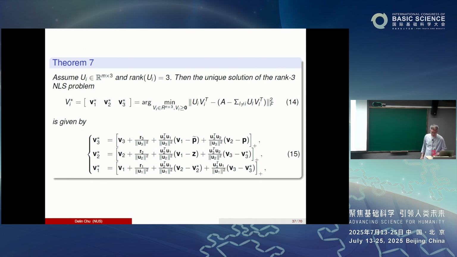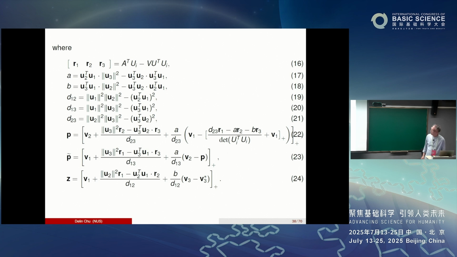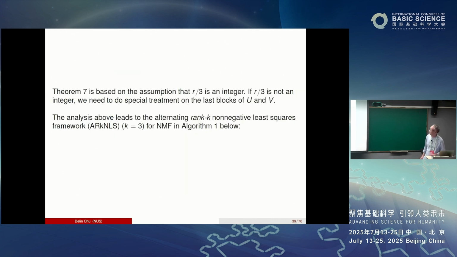By formula 15. Of course, the formula looks a little bit complicated. Again, as I mentioned before, this theory is based on the assumption that r over 3 is an integer.